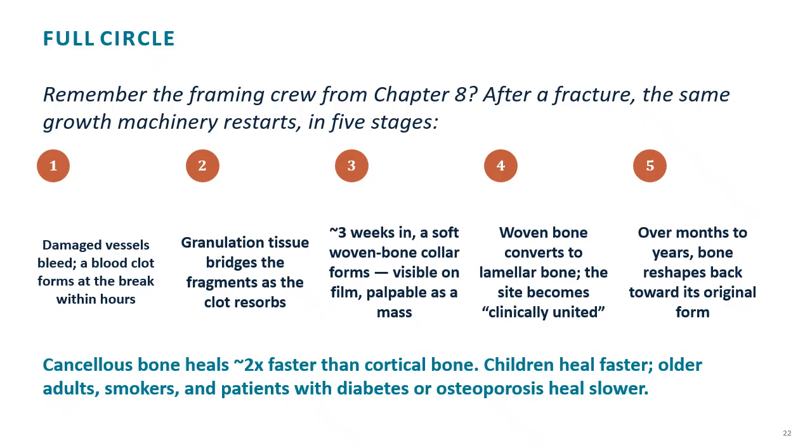And then there are some things about our lifestyle or our body conditions, such as smoking, diabetes, poor nutrition, infection, advanced age, and also impaired blood supply. All of those things can delay the healing process for the bone.